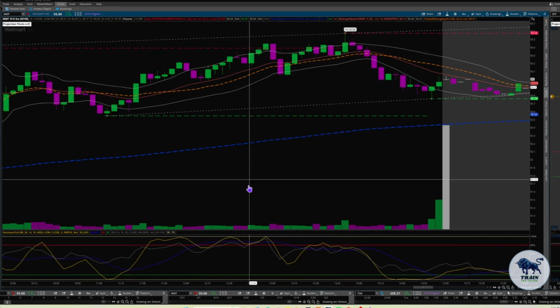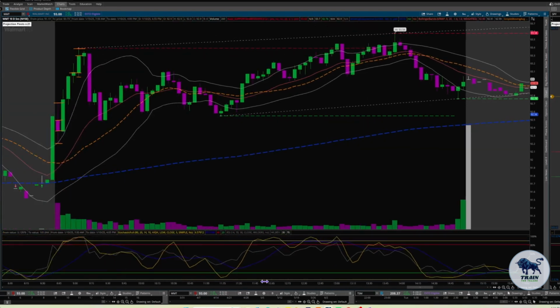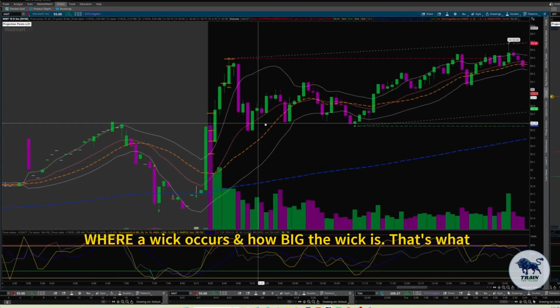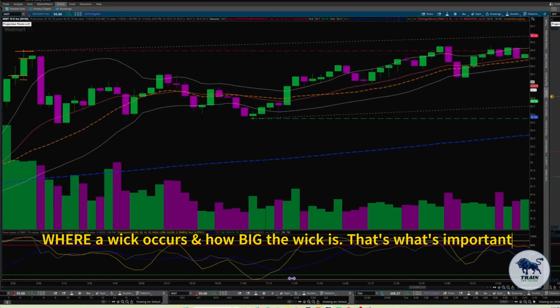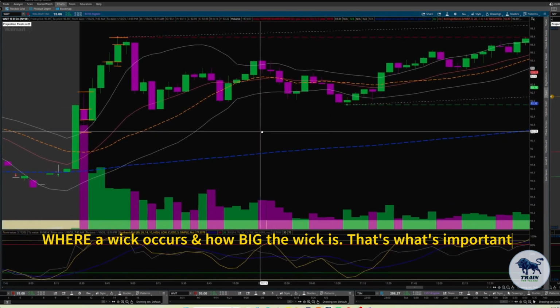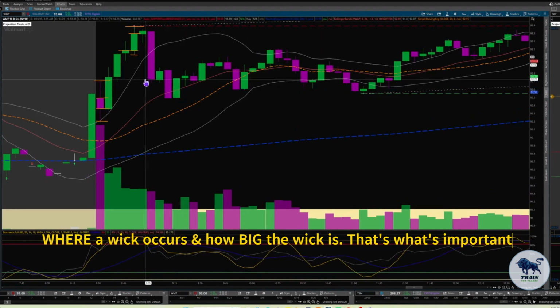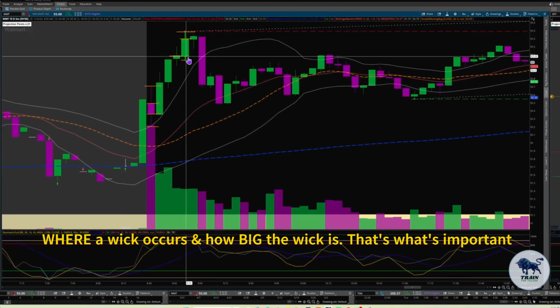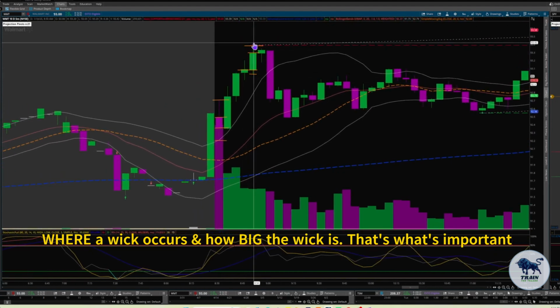Top wicks. So earlier I said, are wicks important? It depends on where they are. If you get, for instance, a top wick at the top of an uptrend, then that is a sign that there could be sellers stepping in, like this one right here.